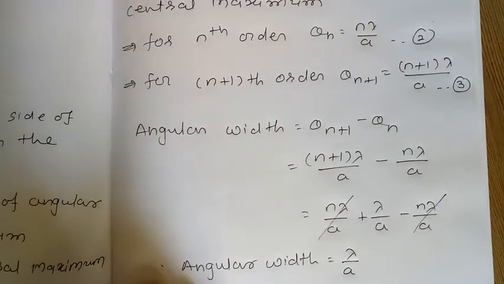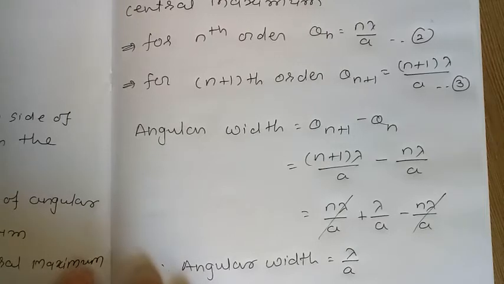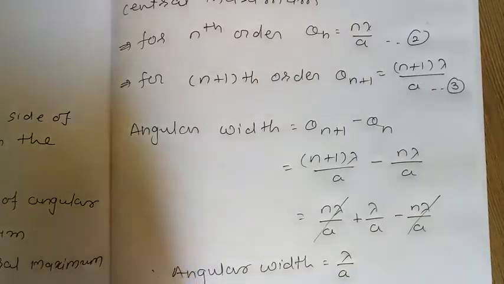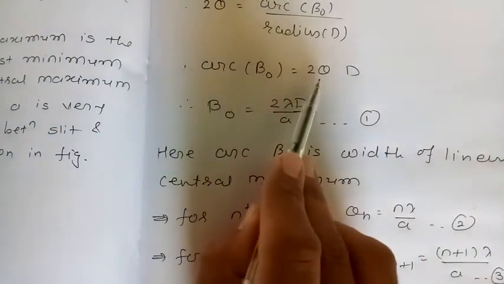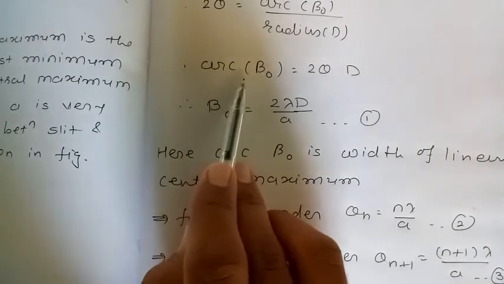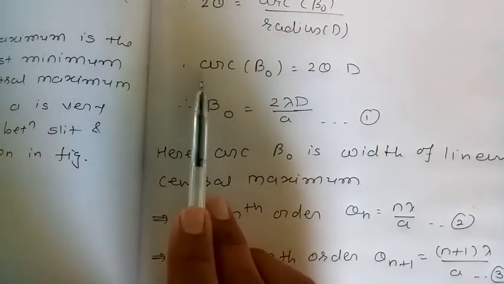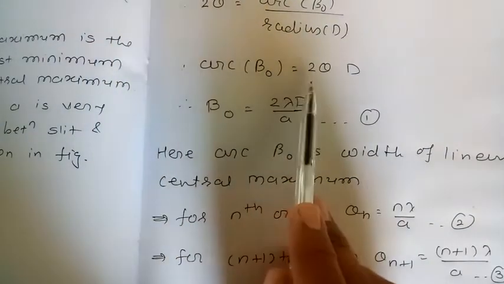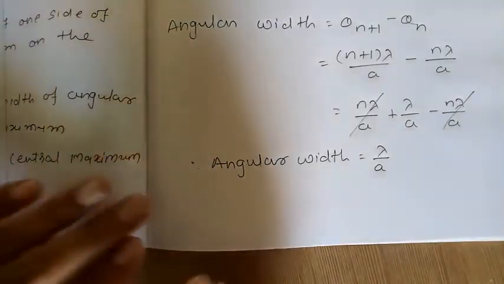So here the angular width is lambda by a, and we know that the linear width is angular width into D, right? Because see here, arc is equal to 2 theta into D. This arc is known as the linear width, 2 theta is the angular width, so we can say that the linear width is equal to angular width into capital D, right?